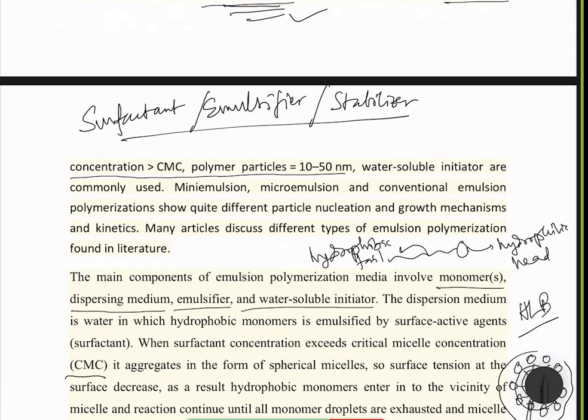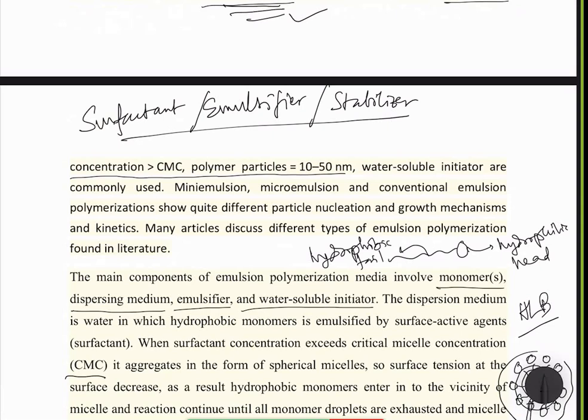Its concentration plays the role: where you are using higher concentration of the surfactant or stabilizer, that would help the dispersion of the monomer in a much finer size, whereas when the concentration is less, then the size of the dispersed monomer is also a little bit higher.